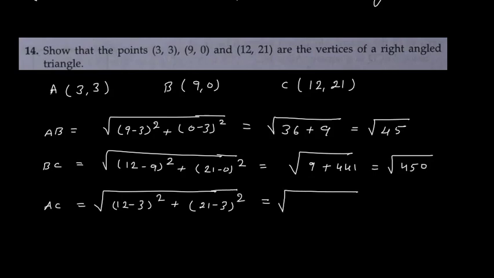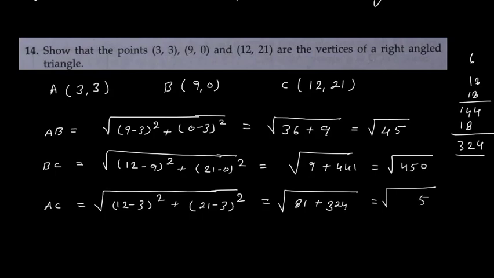So here 12 minus 3 is 9, and 9 times 9 is 81. This is 81 plus 21 minus 3 is 18, and 18 into 18 is 324. So now 81 plus 324 is 405.